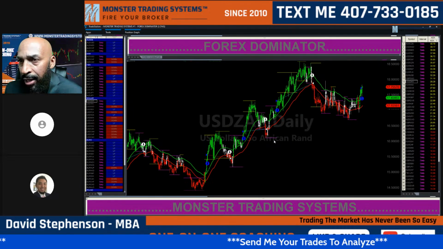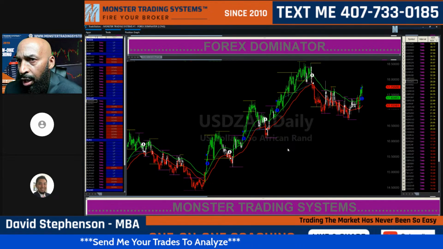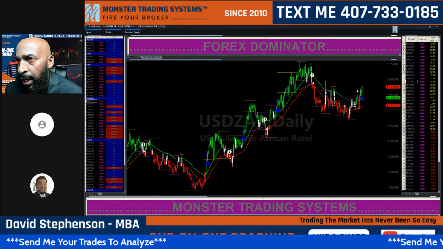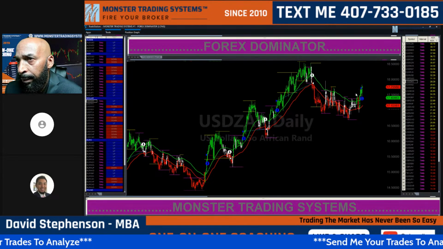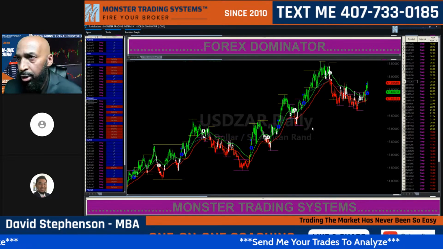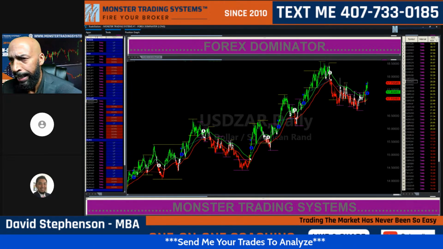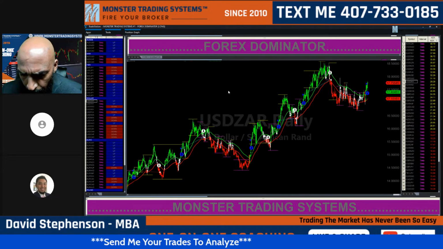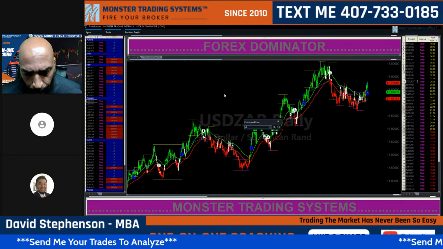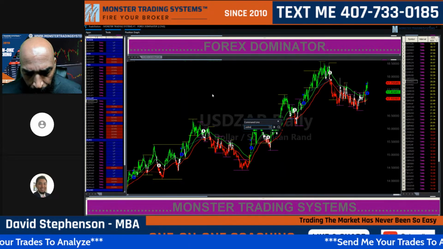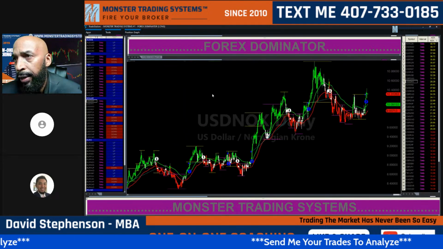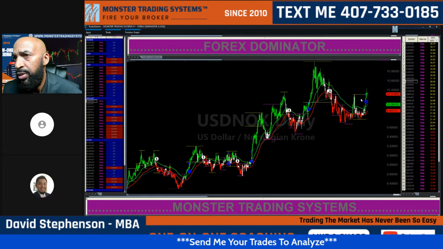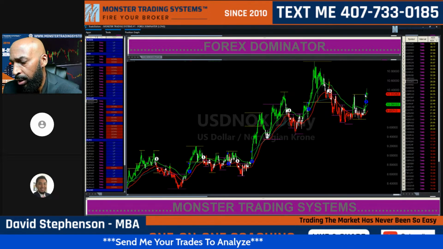We got buy signals that came in today on the dollar ZAR, here it is, buy signal right here, and also on the USD NOK, buy signal right here.